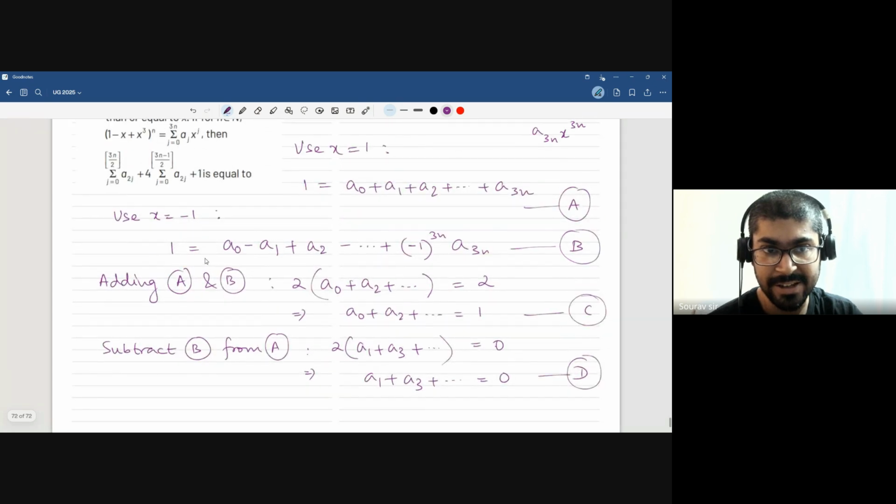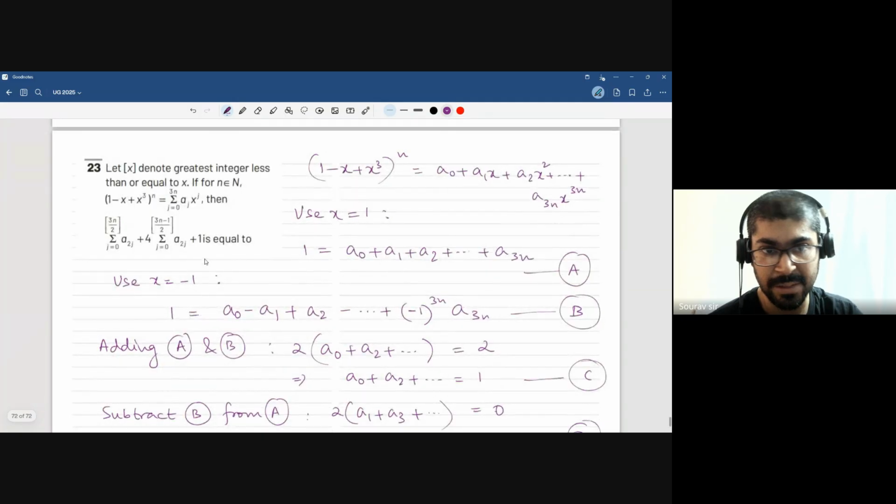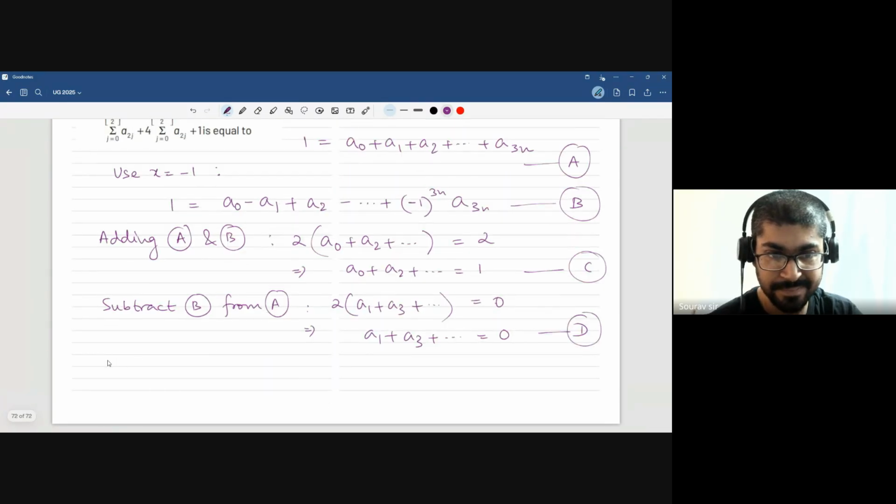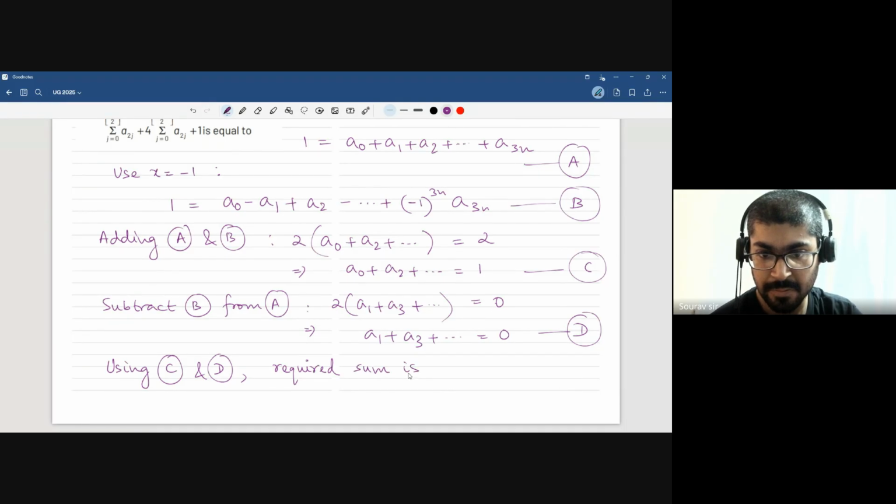It's all even terms plus all odd terms, right? So using C and D, the required sum is 1 plus 0.